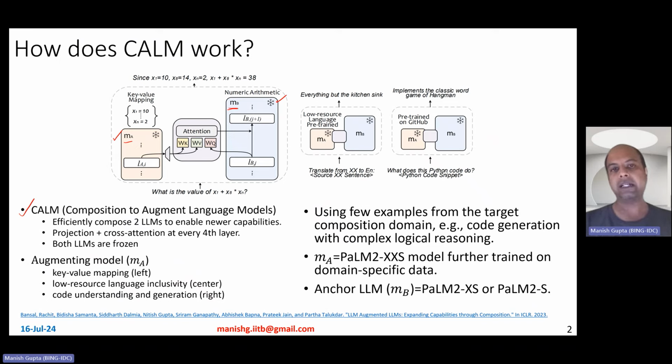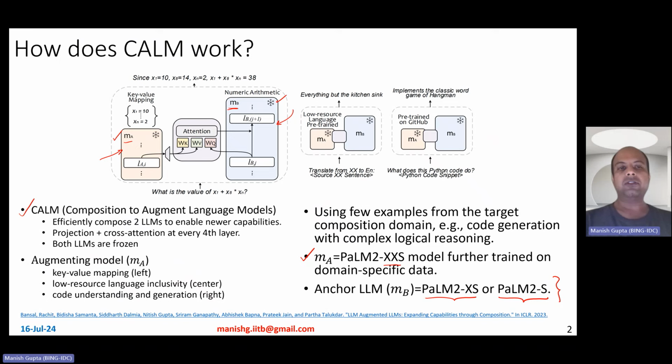It's also called the anchor large language model. In their particular case, MB is generally PaLM2 extra small or PaLM2 small model. Notice that these models, of course, are extra small and small, but they're still larger than MA, which is typically the PaLM2 XXS model. So this model is small, and this model is relatively larger.